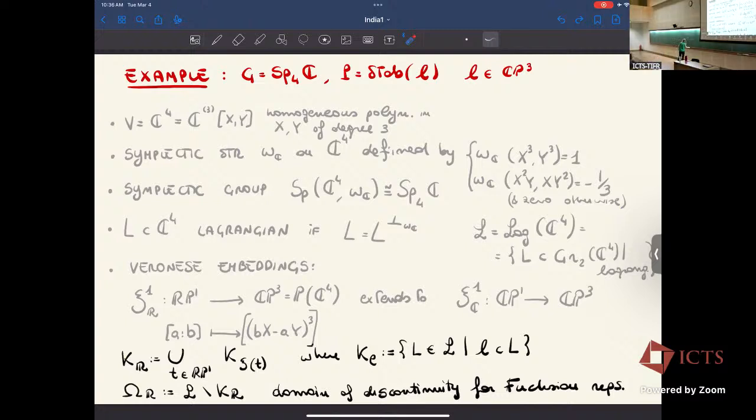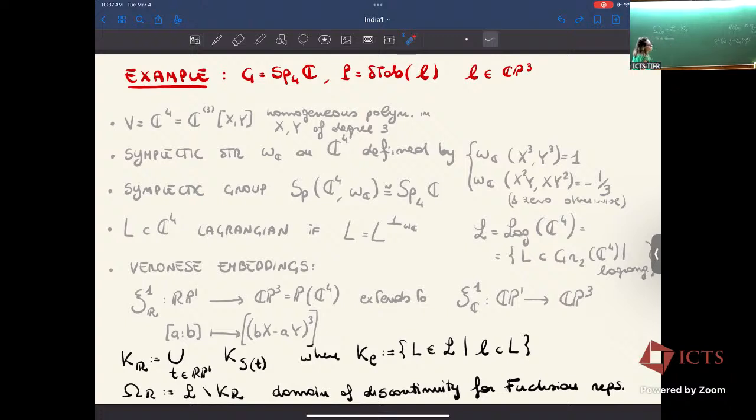I just wrote that the complement of the thickening is the domain of discontinuity. So Omega_rho, that you define in this case as the Lagrangians minus this thickening.